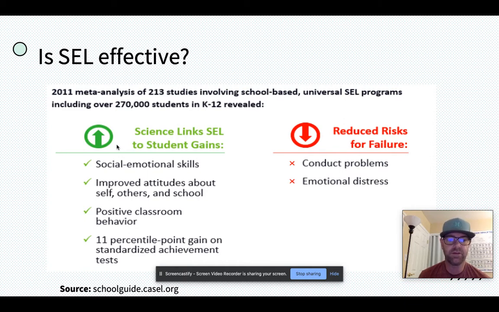These gains include social emotional skills, improved attitudes about self, others, and school, positive classroom behavior, and an 11 percentile point gain on standardized achievement tests. At the same time, we saw reduced risks for failure, conduct problems, and emotional distress. Those are all winning numbers.